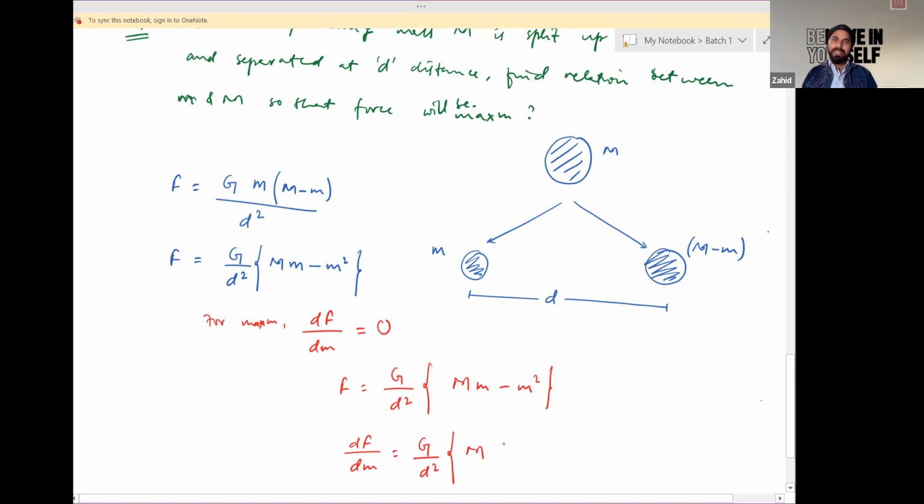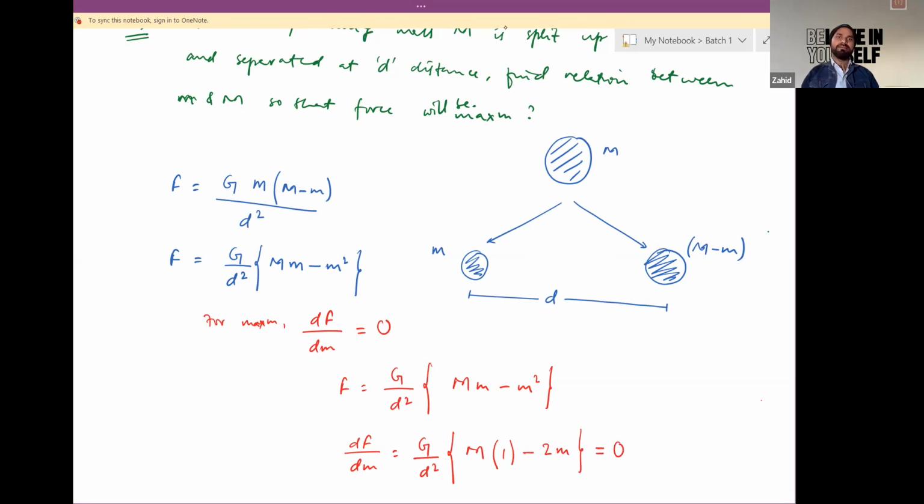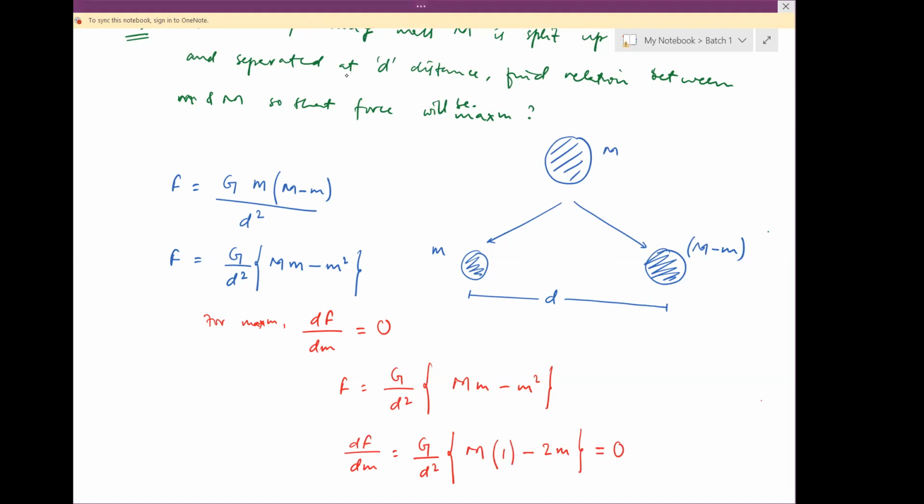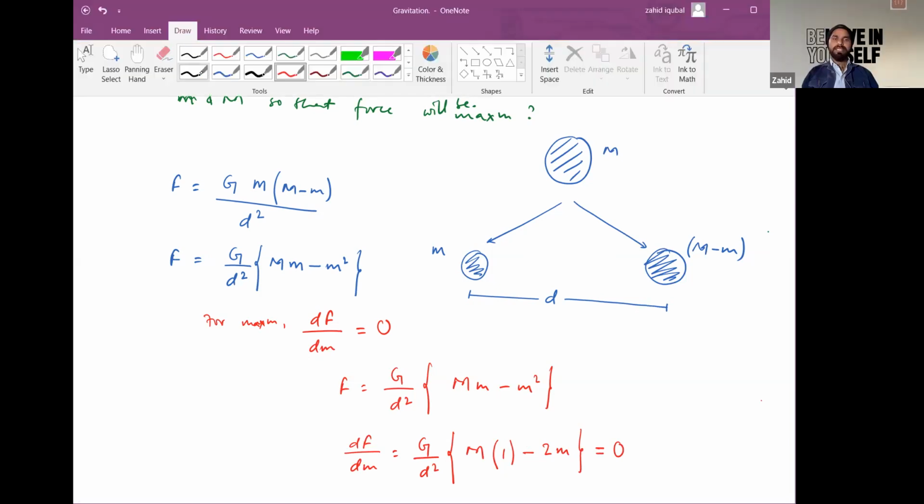Differentiating small m to the power 1 gives just 1. Differentiation of m squared gives 2m, and equate it to 0. Hamza, is it clear? Yes, sir. Khalid, any doubt? No, sir.